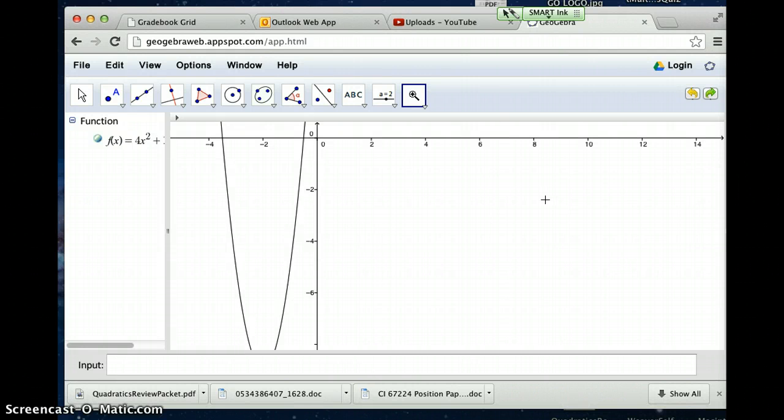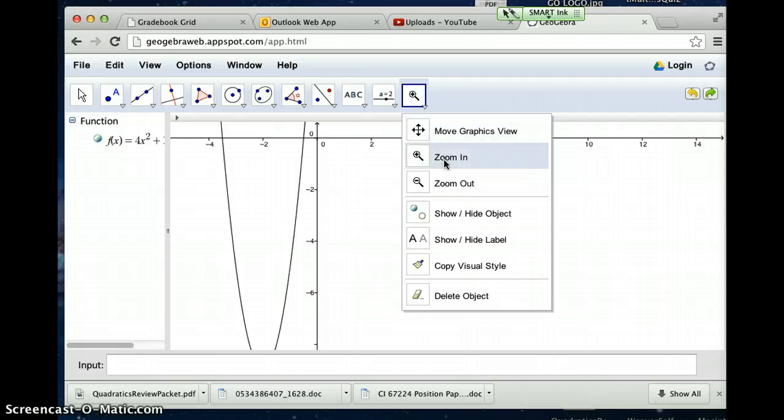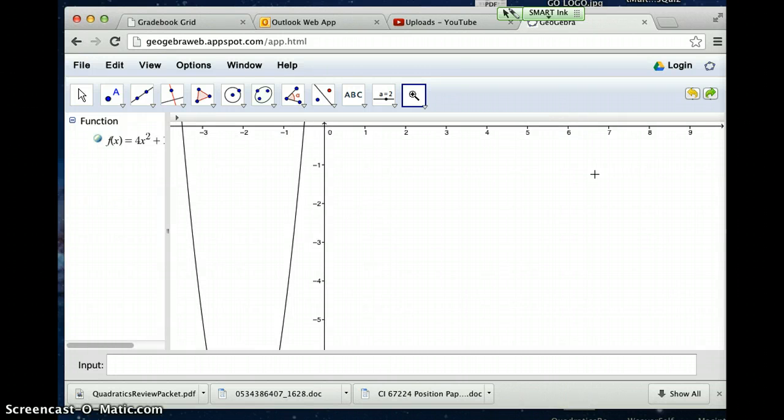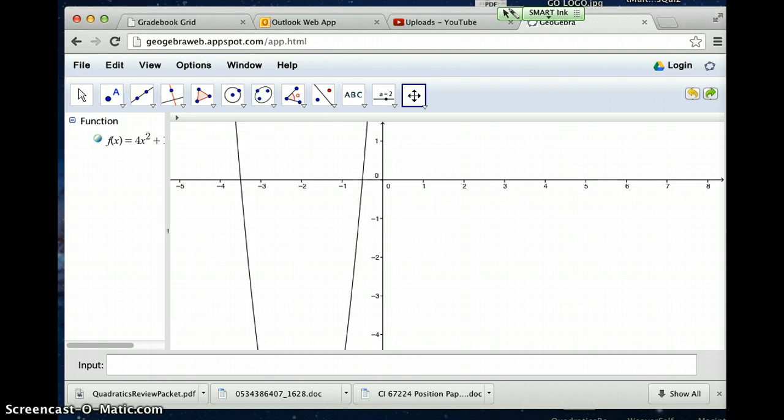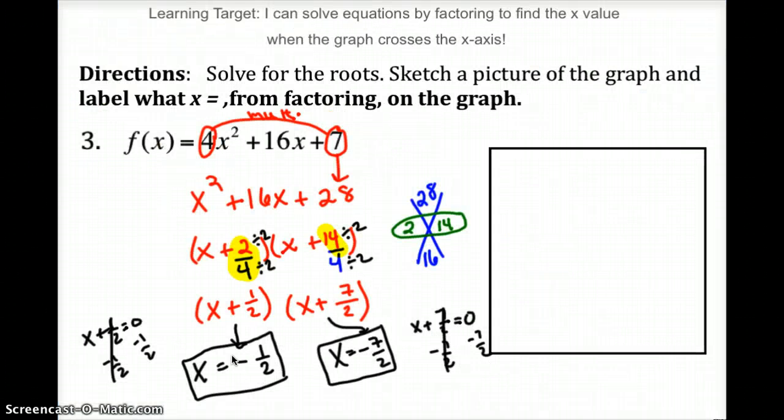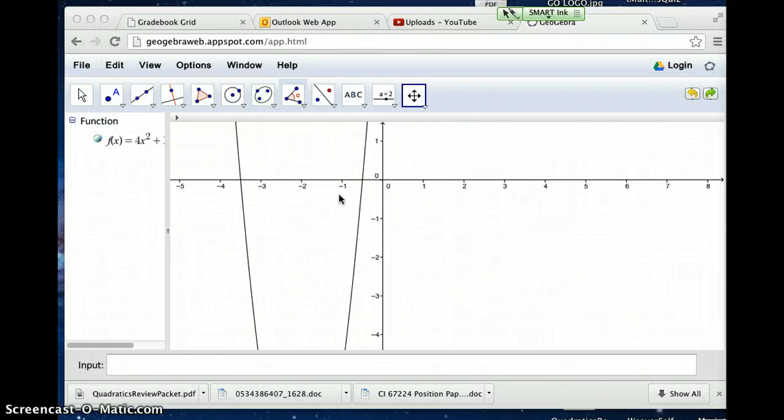We were supposed to get, maybe I'll zoom in once more to try to get counting by 1. Okay, so we were supposed to, based on our answers, cross at negative a half and negative 7/2. Now, negative 7/2 is like negative 3.5. So negative a half and negative 3.5. Oh yeah, that's where we crossed.